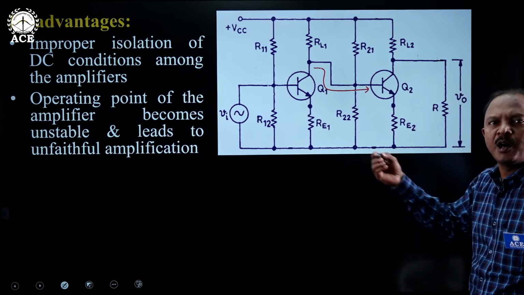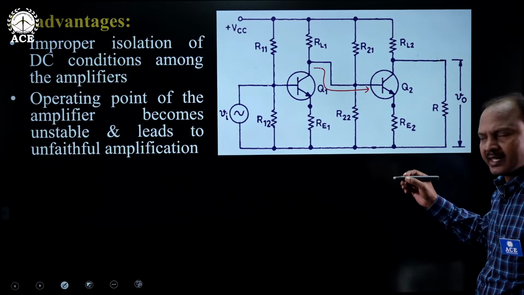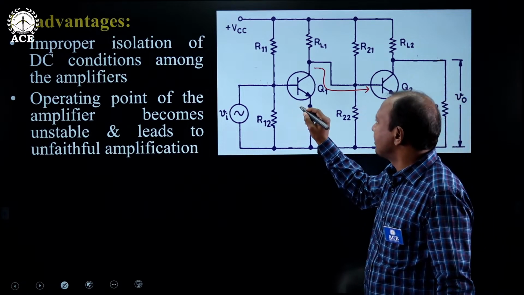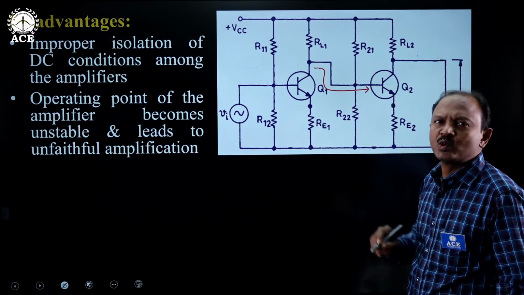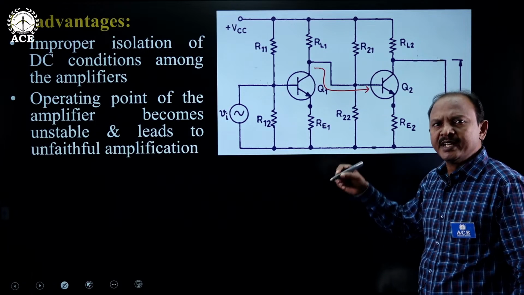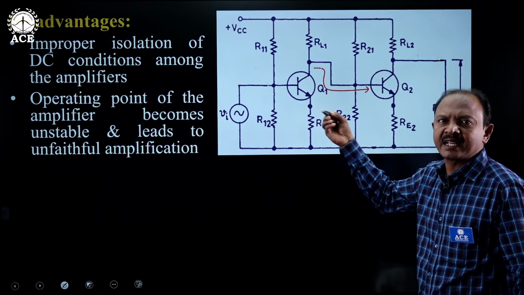Let's see why the operating point is going to be disturbed in the direct coupled amplifiers. We know in each amplifier we maintain a certain amount of DC current, DC base current, which leads to the establishment of quiescent collector current in the circuit.